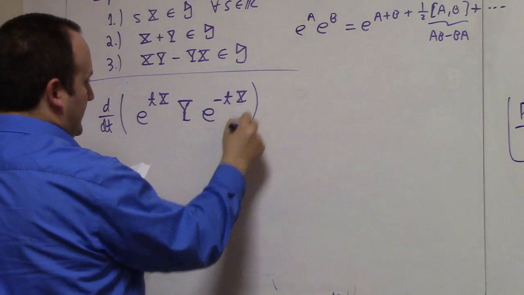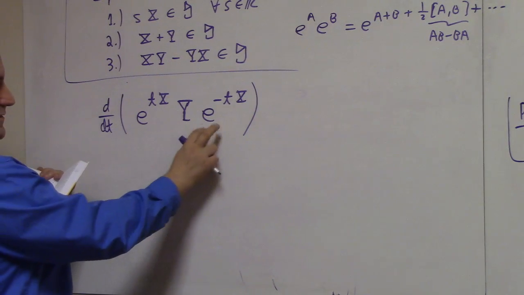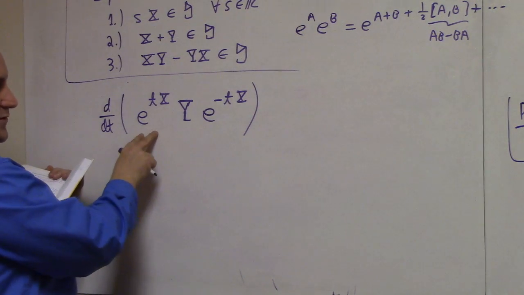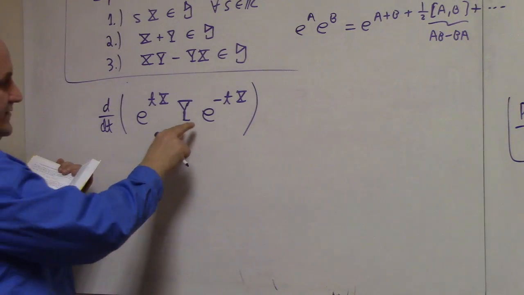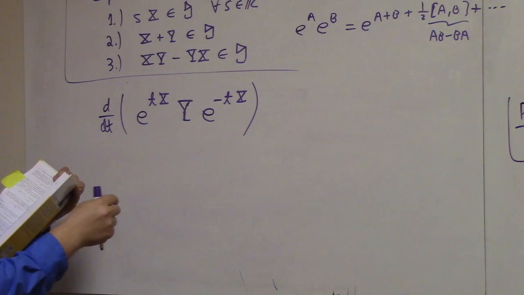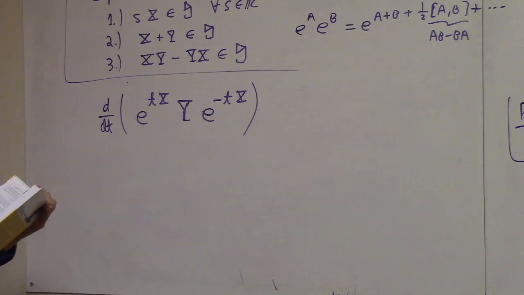So what's going on here: both are in the group, it's like the A over there. And since y is in the Lie algebra, this is once more in the Lie algebra.